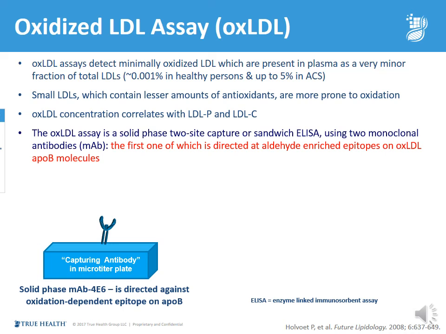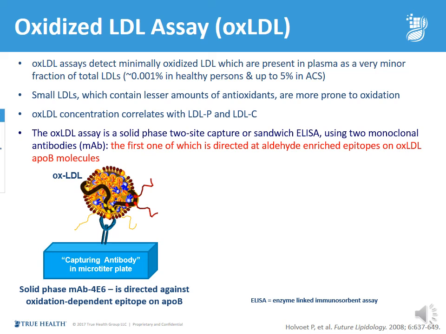And when you change the shape of ApoB, the molecules to which an antibody binds, the epitopes, are different. So this capturing antibody will not bind to a non-oxidized LDL, but it will bind to the changed ApoB on oxidized LDLs. And here you see that binding occurring.